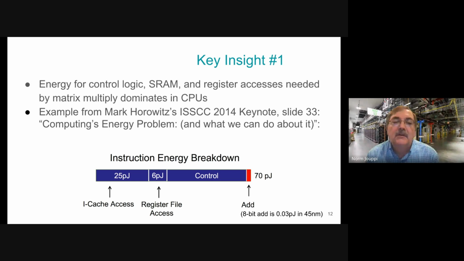The rest is control, register file access, iCache access, stuff like that. So what we wanted to do is get rid of all the stuff in the blue area. I think you can see my pointer, hopefully. And just stick with the red stuff.